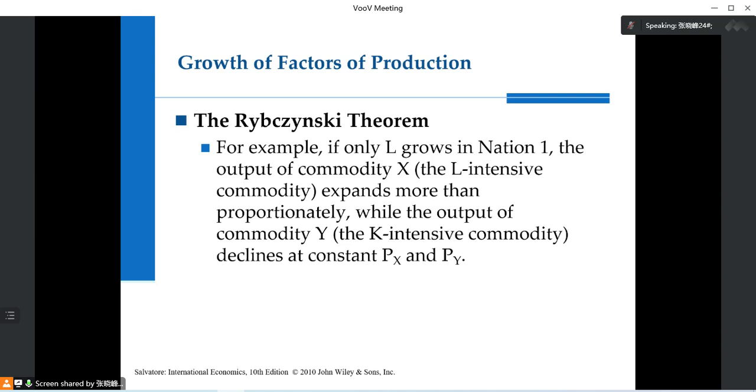For example, if only L, that is labor, grows in nation 1, the output of commodity X, the labor intensive commodity, expands more than proportionally, while the output of commodity Y, the capital intensive commodity, will decline at constant Px and Py.